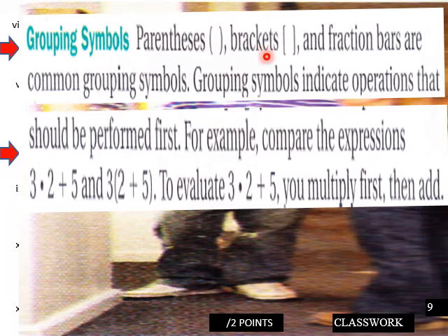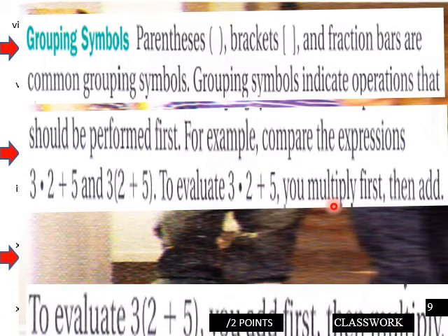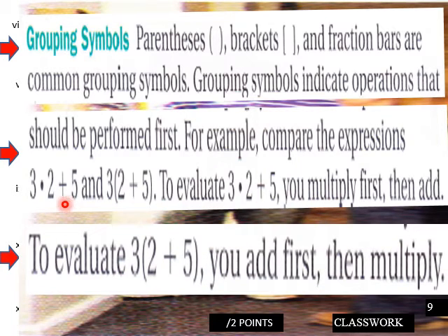So this would be a situation where you would use your grouping symbols first. We have parentheses, brackets, fraction bars as grouping symbols. Grouping symbols indicate operations that should be performed first. For example, compare these expressions here. You multiply first, then add. So it's multiply here first, and then we distribute our multiplication through that. And then to evaluate 3 times 2 plus 5, you multiply first.